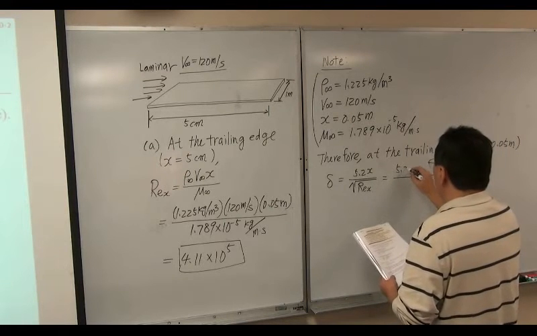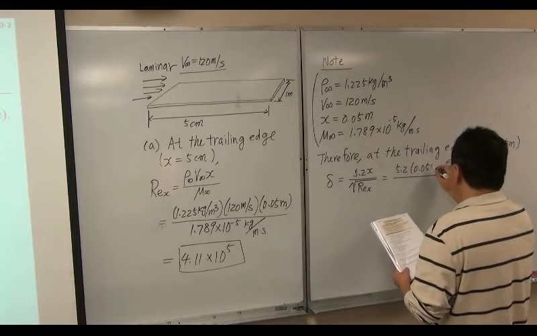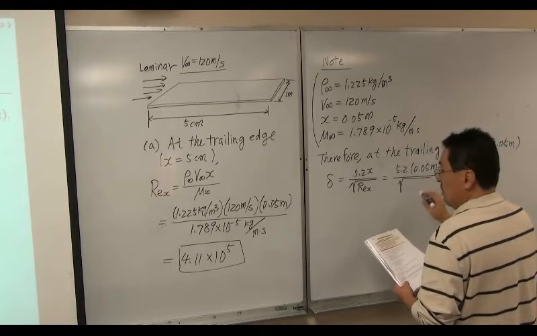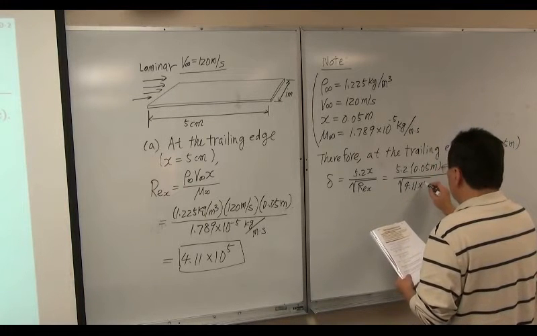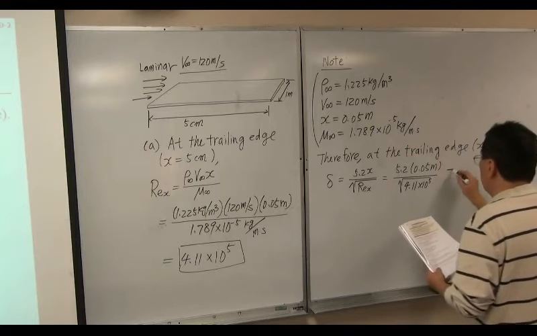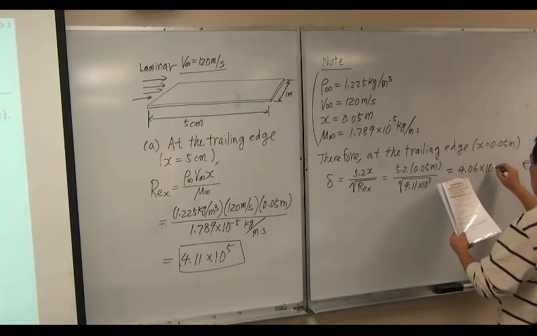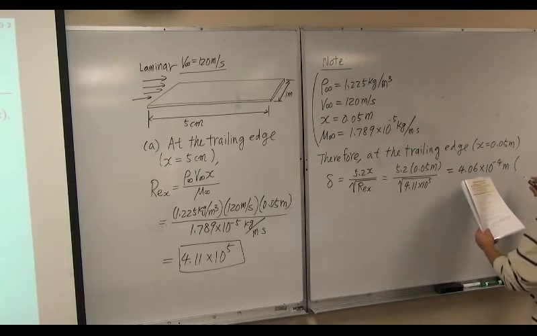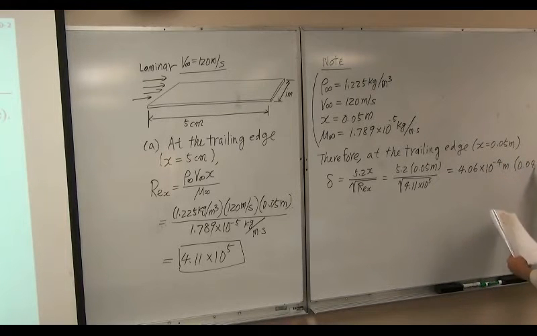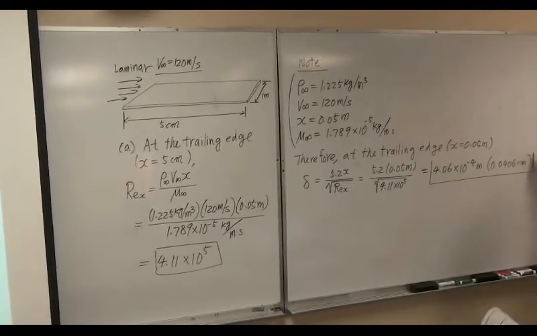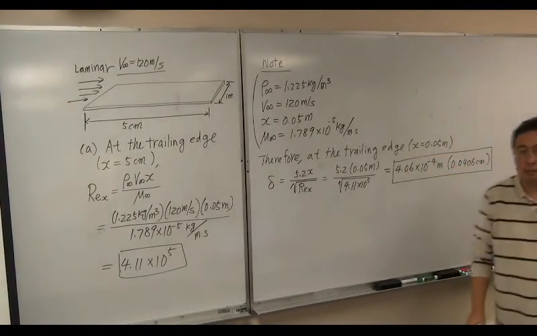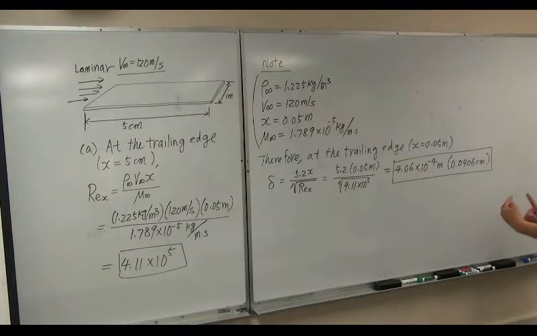So this is 5.2 times 0.05 meter divided by square root 4.11 times 10 to the 5, which is 4.06 times 10 to the minus 4 meter. That means this is 0.0406 centimeter. This is the boundary layer thickness at the trailing edge of the 5 centimeter plate. Very, very thin layer, of course.